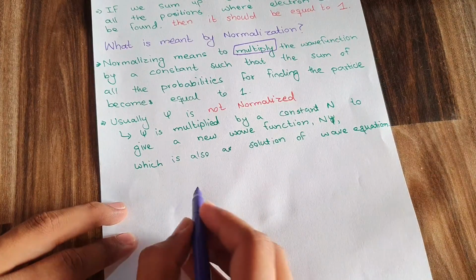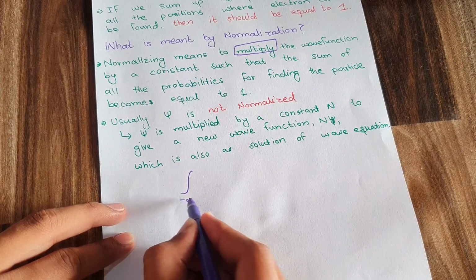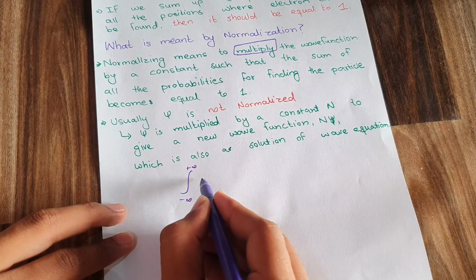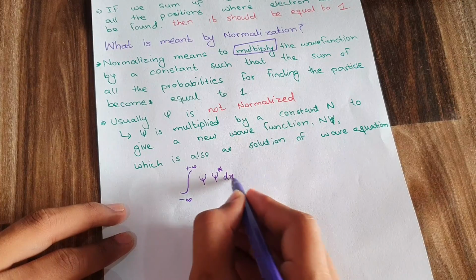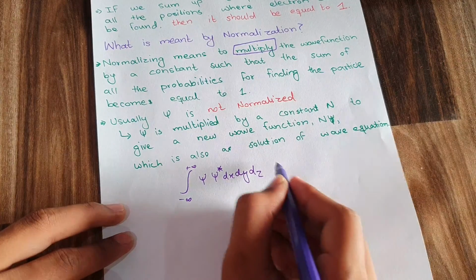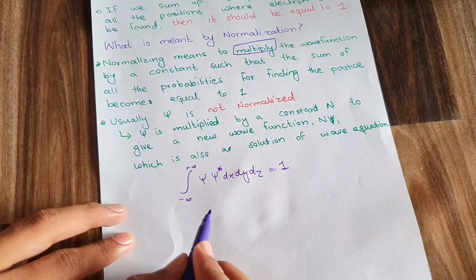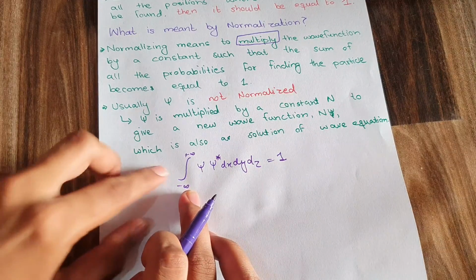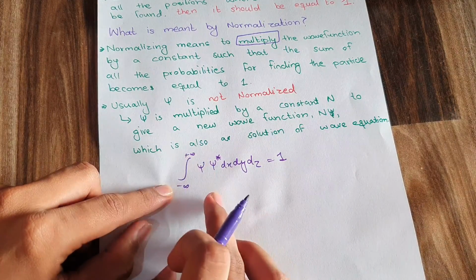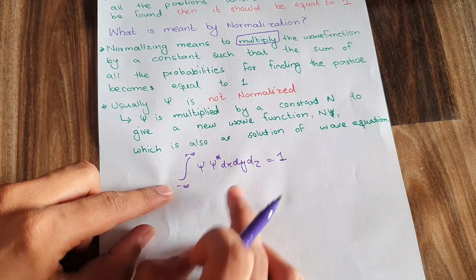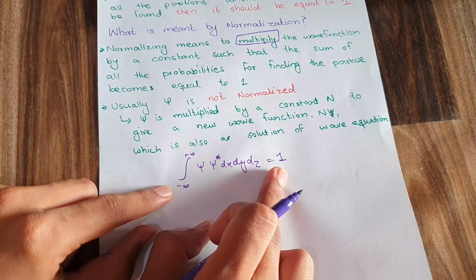So if I take the equation as the integral from minus infinity to positive infinity of psi star psi dx dy dz equal to 1, this is the equation that shows that from minus infinity to positive infinity, the probability of finding the particle is equal to 1.